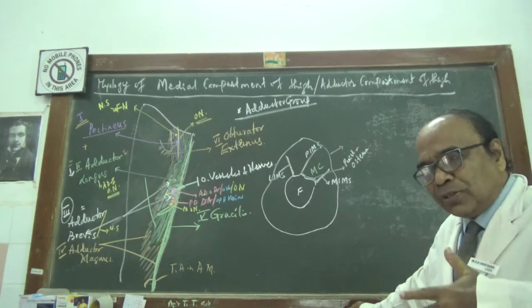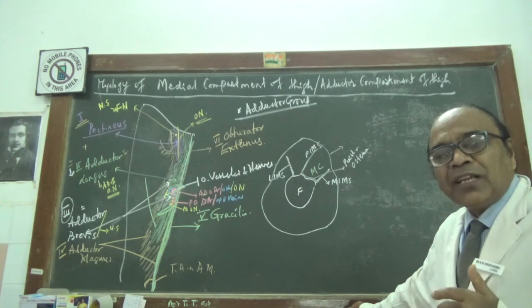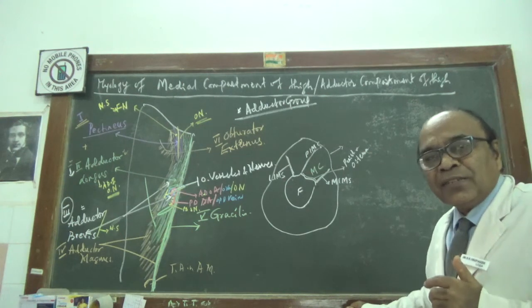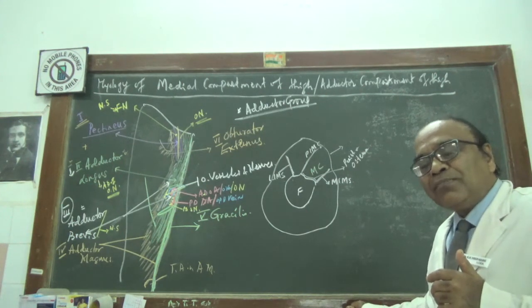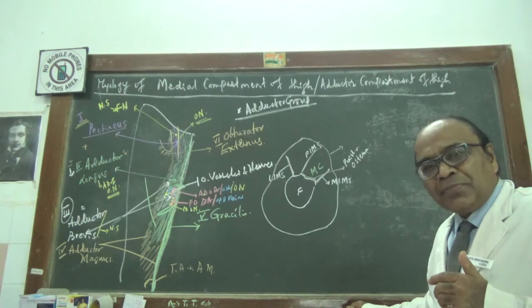Then the middle fibers will run straight, downwards and backwards, to get attached to the entire lateral lip of the linea aspera.